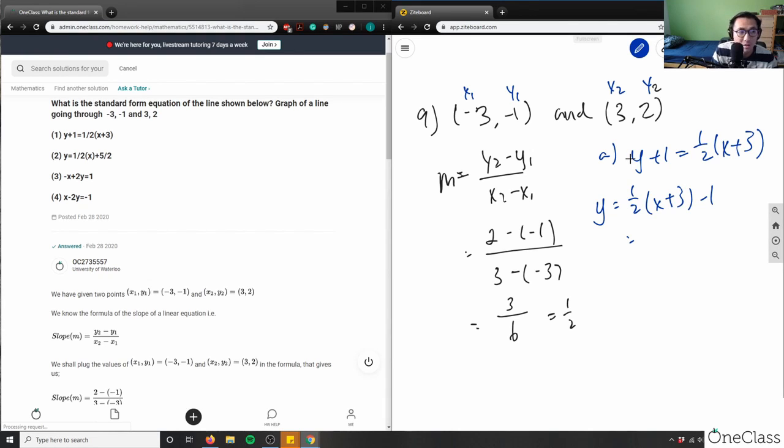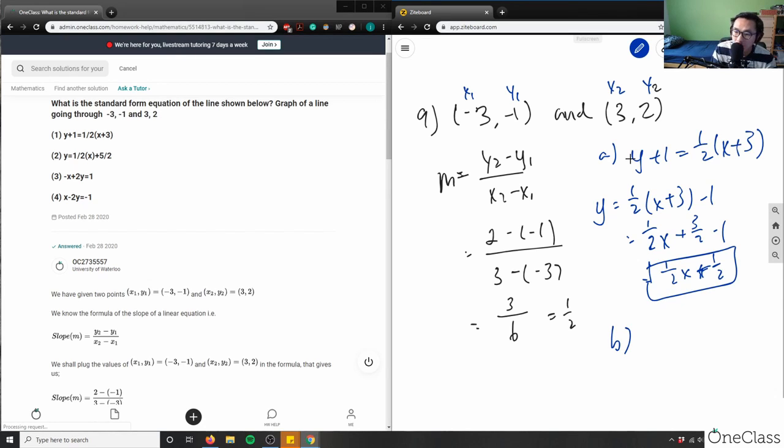This would be half times x plus half times 3, which is 3 over 2, minus 1. This is simply half x plus half, right? In this case, the slope equals this, so A could be possible.